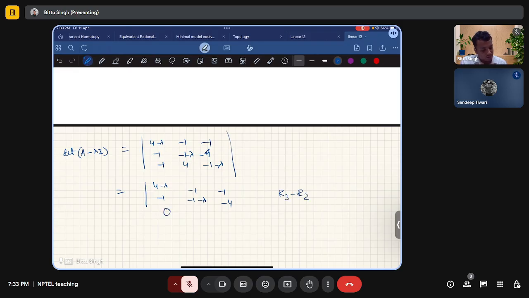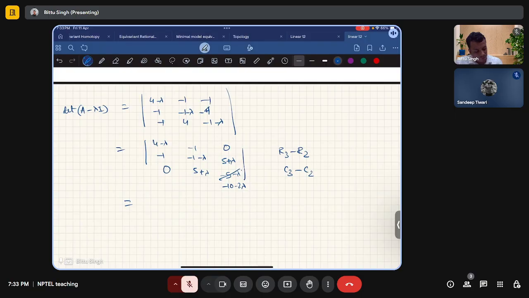Then this will become 0. This is 5 plus lambda, this is minus 5 minus lambda. And similarly, if we do C3 minus C2, third column minus second column, then minus 1 will get cancelled, so it will become 0. This is 5 plus lambda, and this is minus 10 minus 2 lambda.